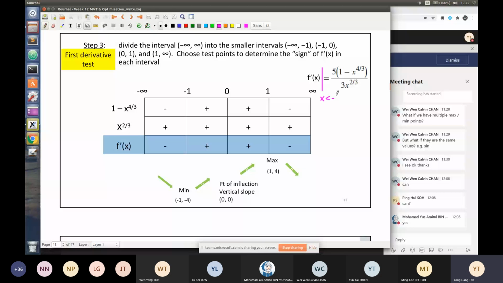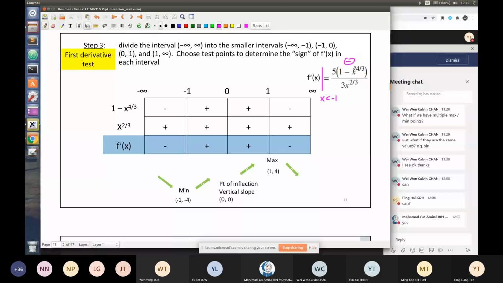You can see that if x is less than -1, then x to the power of 1/3 is still negative. But after that, you raise it to the power of 4, so this is going to be a positive number. Let me repeat again.